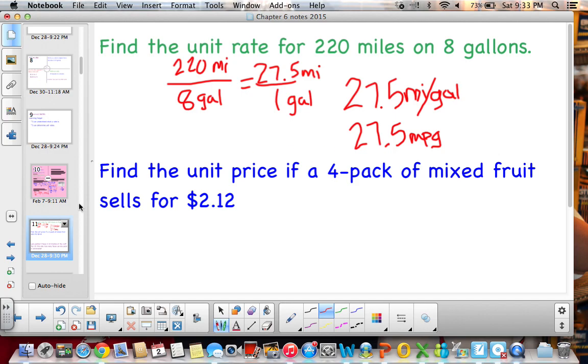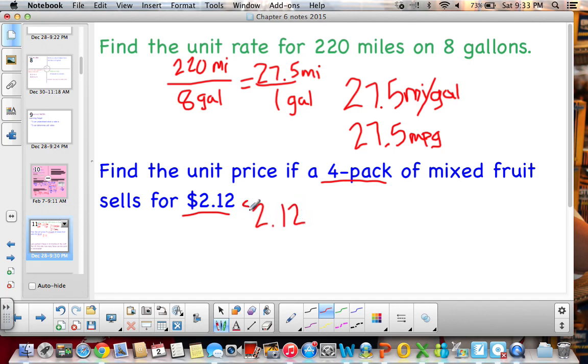Find the unit rate or the unit price if a 4-pack of mixed fruit sells for $2.12. So this is an example of a word problem where this is actually going to be our numerator and this will be our denominator, because we want the price per pack.